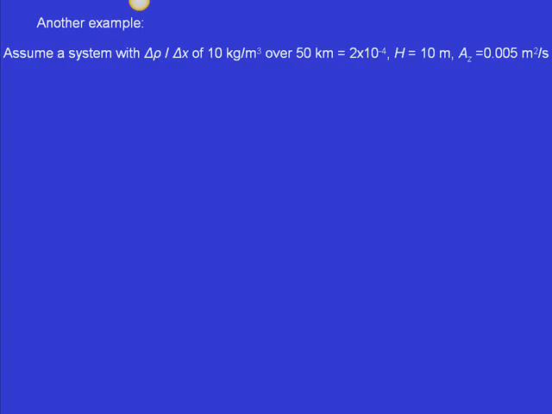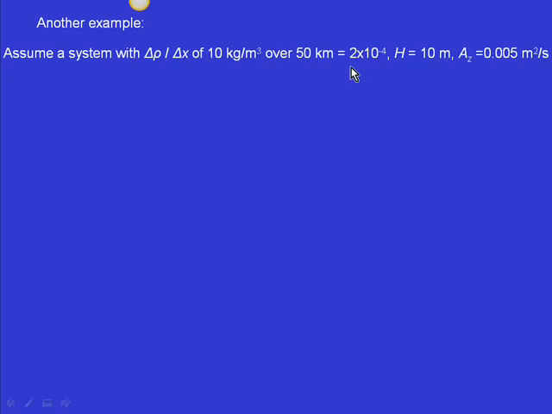So can you extrapolate that? In 1 kilometer, maybe 2 units of difference in 1 kilometer. In 50 kilometers, that's what it is. I didn't know it, but it almost works for the Ponce de Leon Inlet. 10 kilograms over 50 kilometers. And by no means is that a strong density gradient.